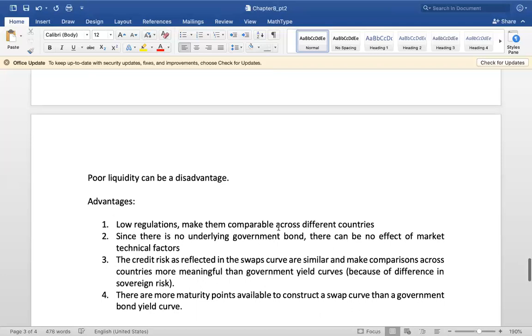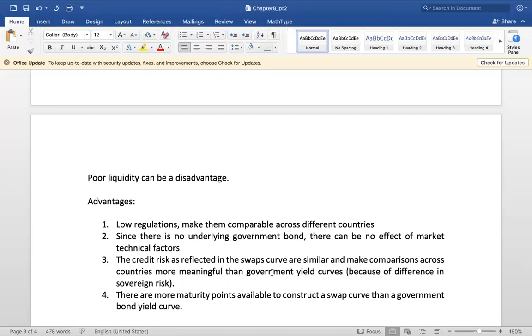Because there is almost no government regulation of the swap market, the lack of regulation makes swap rates across different markets more comparable. In some countries, there are sovereign issues that offer various tax benefits to investors, and as a result, for global investors, it makes comparable analysis difficult. The second is that since there is no underlying government bond, there can be no effect of market technical factors.